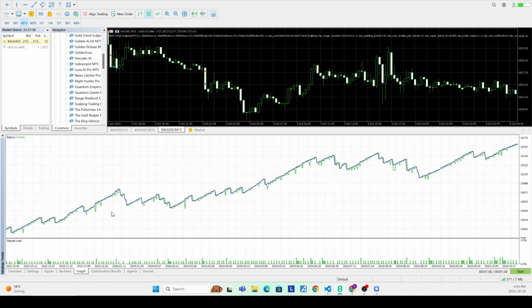And ultimately, from what I can see, this appears to be a good expert advisor. It's scalping gold using support and resistance levels, which is a tried and tested strategy. This equity curve looks honest. It matches what you would expect to see with a scalping system, with runs of winners followed by losers, which are greater than the winners.